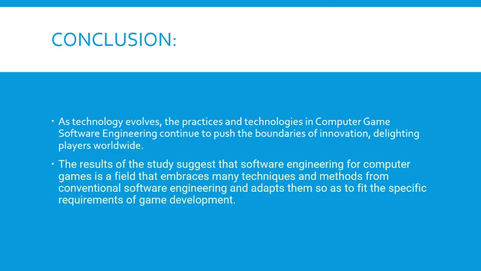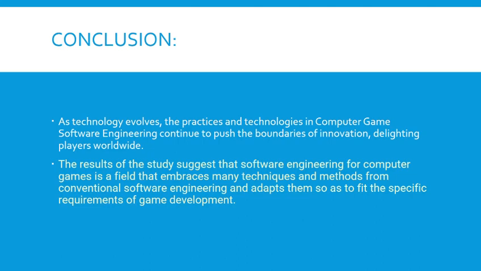So let me conclude this ppt. As technology evolves, the practices and technologies in computer game software engineering continue to push the boundaries of innovation, delighting players worldwide. So games are not confined within boundaries, they lead beyond the boundaries. With new ideas, and as new technologies come, we are going to deploy the new technology in the software industry also.